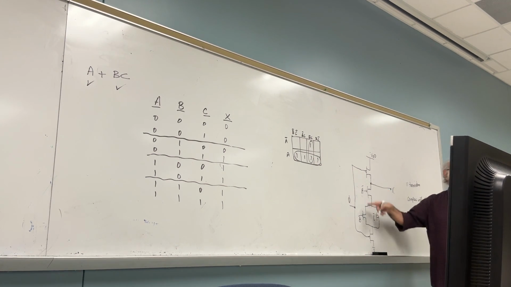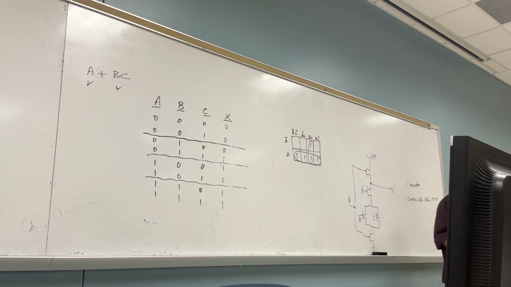This portion is the same. Do you agree this one is the same? So what do I have? 1, 2, 3. In the PMOS, I will also have what? 3. So that's 6. And how many inverters? 3 inverters. So how many? 12.